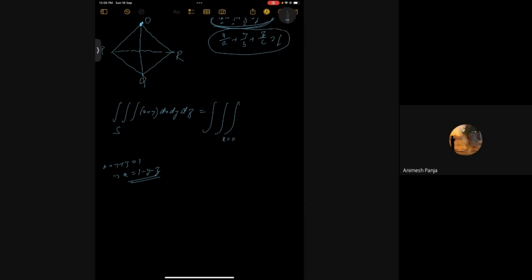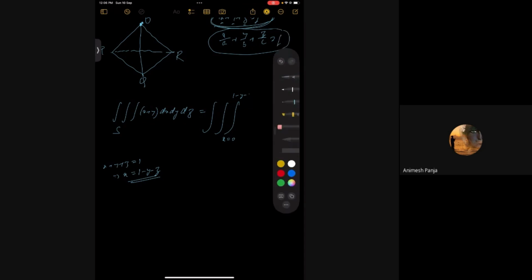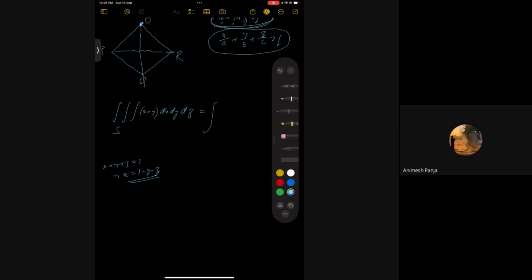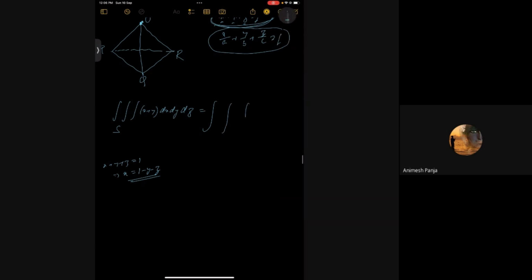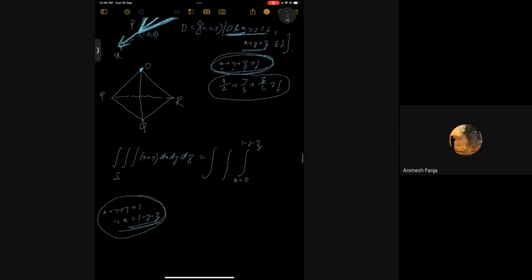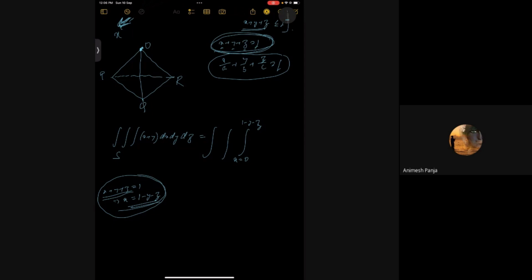So x goes from 0 to 1 minus y minus z, because x can't take values beyond that, as it is limited by this plane. At most x can take the value 1 minus y minus z. I've done this because I've taken x to be our inner integral, the first one.